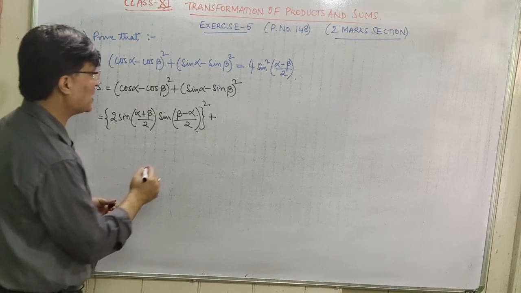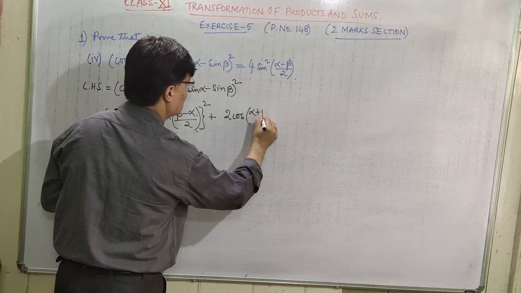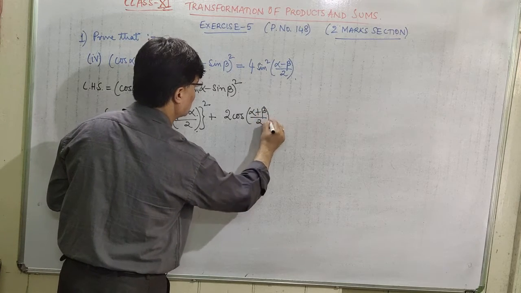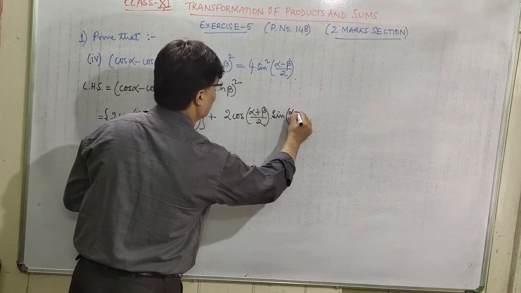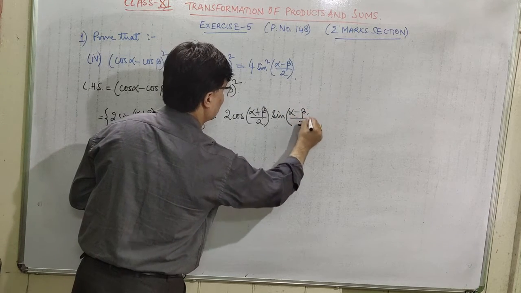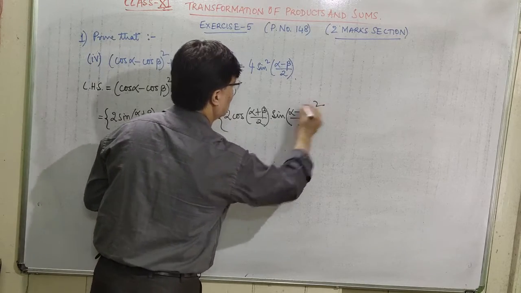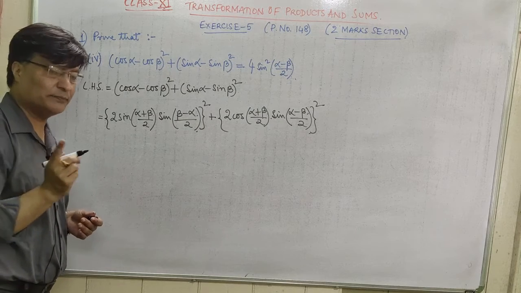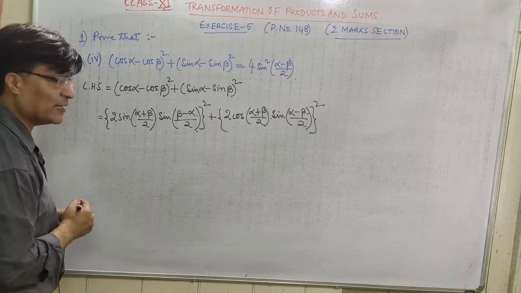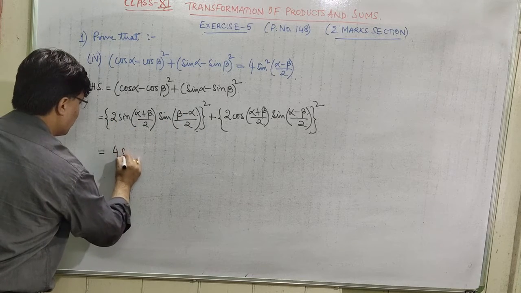Similarly, what is sine C minus sine D? It is 2 cos of C plus D by 2 into sine of C minus D by 2. What is C minus D? Alpha minus beta by 2. So let us put it here also within whole square. Is that clear? So now let us simplify it again. Which is equal to, what is 2 whole square? That is your 4.